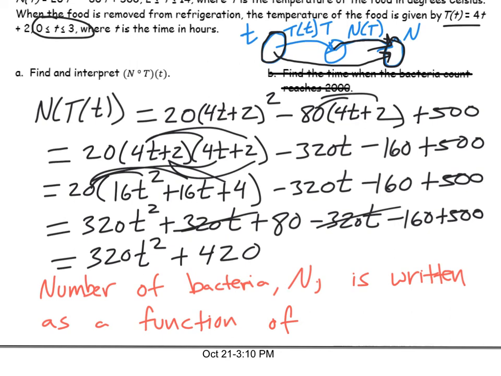That's where we made the change. In the original model, bacteria was written as a function of temperature. If we said the temp of the food, then we could say how much bacteria would be growing on it. But now, it is written as a function of time. You tell me how long the food's been out, and the function will tell you how much bacteria is on it.